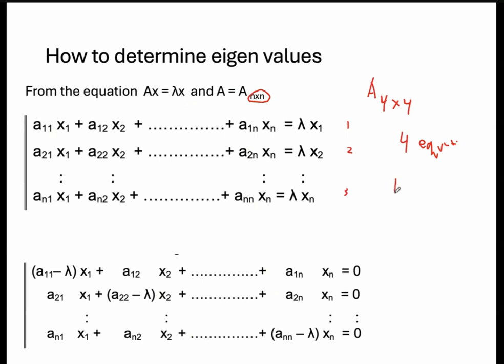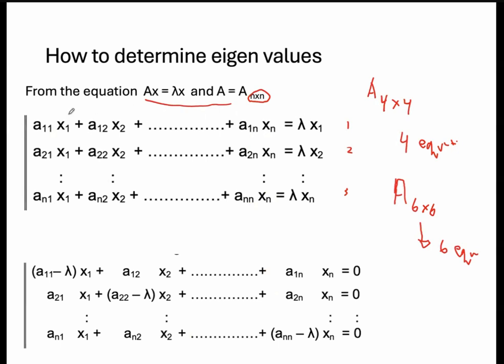And if we have a matrix where the number of rows is 6 and number of columns is 6, we have 6 different linear equations. So, this is a general equation.